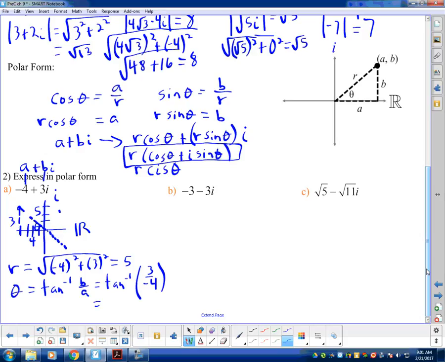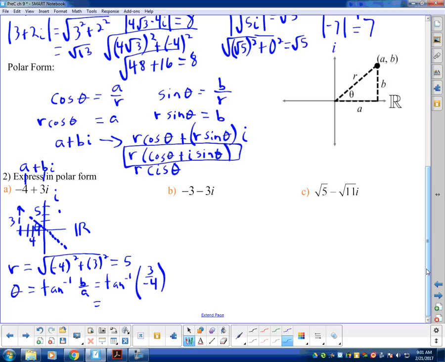I said to put arguments in radians, so could you go ahead and change your calculator to radians for me? It's pretty common, when you're using this cosine theta plus i sine theta, to use radians. Negative 0.64. Okay.